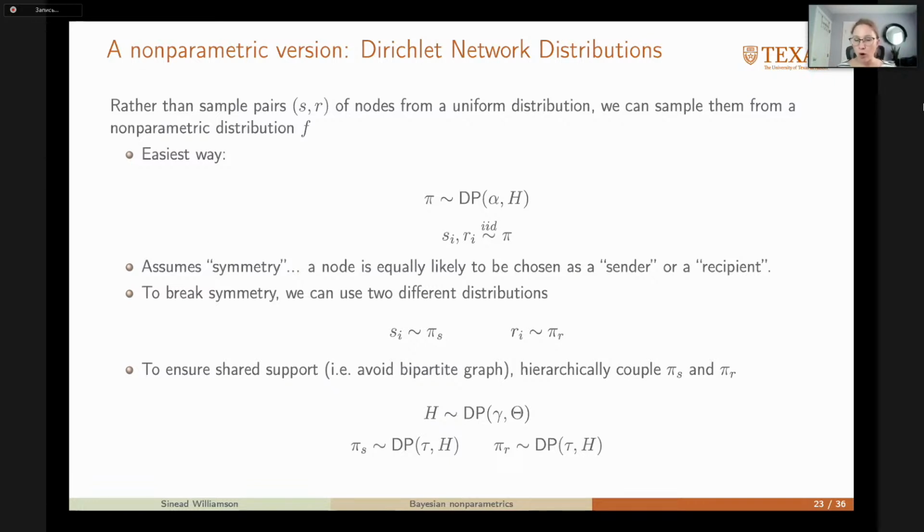I'm going to have one global distribution over nodes, vertices, and then I'm going to sample a distribution over senders using that global distribution as the base measure, and a distribution over recipients using that same distribution as the base measure. So now I'm going to have two infinite dimensional distributions where they have the same support, right? Every node has finite probability, even if it's vanishingly small, as a sender and a recipient.